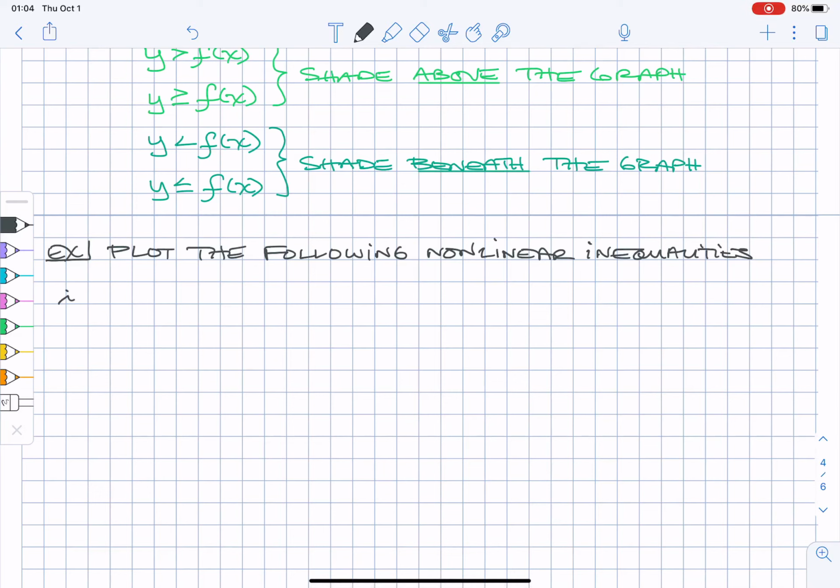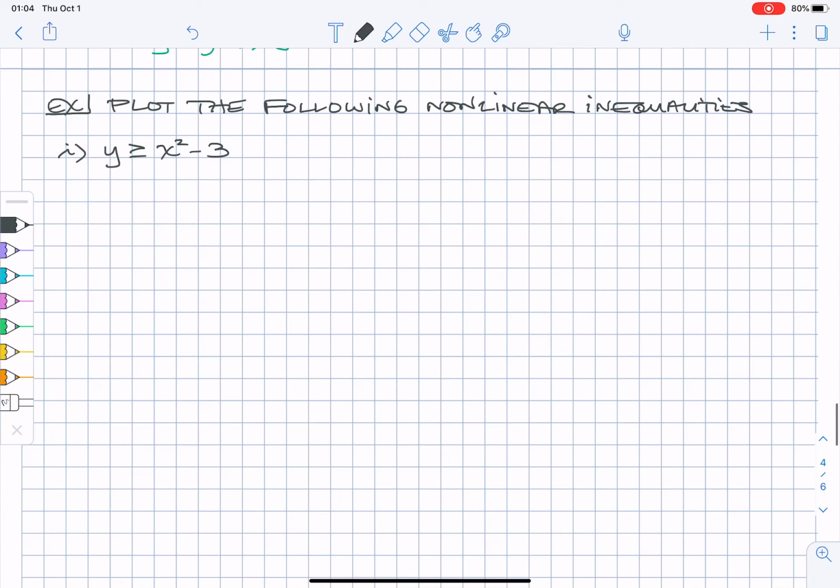So number one, let's say we have y is greater than or equal to x squared minus 3. Okay, so I know that that's a parabola shifted down 3 units. So let's do x and y coordinate axes.